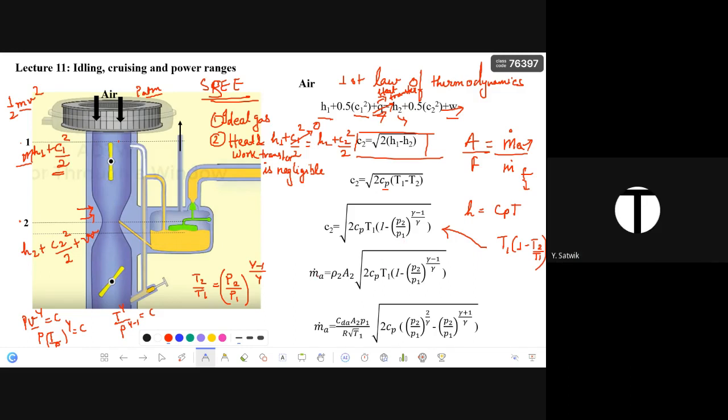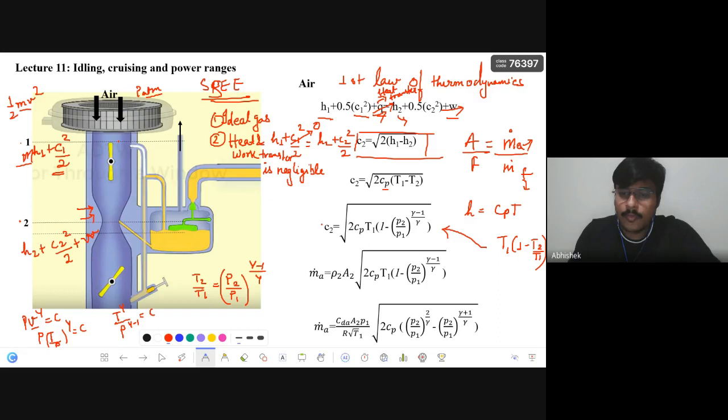Yes, sir. Okay. Then this one we got the velocity at the throat. The velocity at the throat is C2 here. So we got the value here. Now how to calculate mass flow rate from velocity? Simple, right? Rho A V. Mass is equal to density into volume.